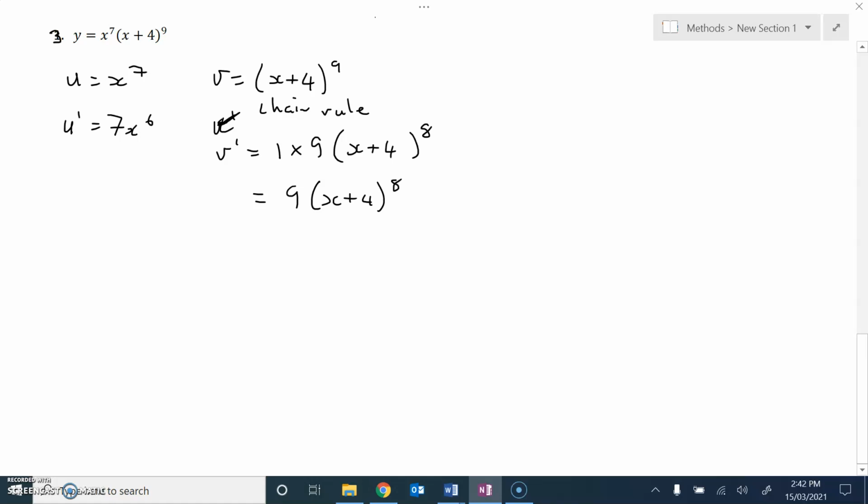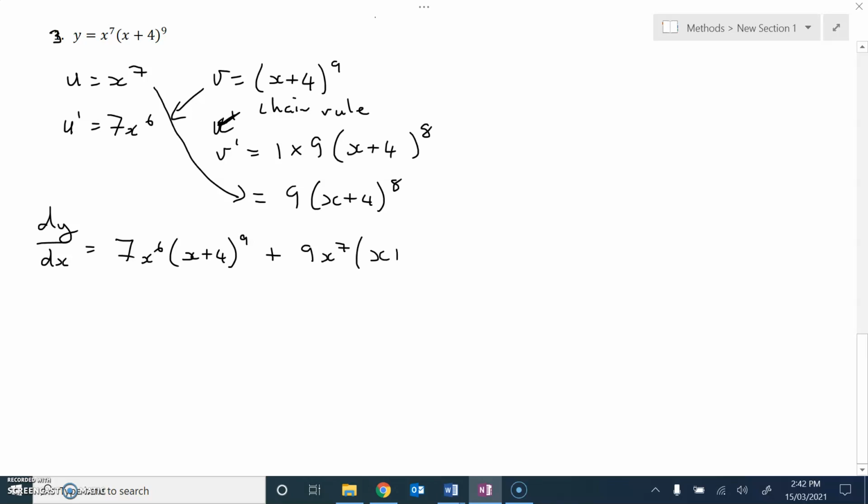Now, let's find the derivative of y with respect to x. So that's going to be 7x to the 6 (x plus 4) to the 9, plus all of that, which is going to be 9x to the 7 (x plus 4) to the 8.